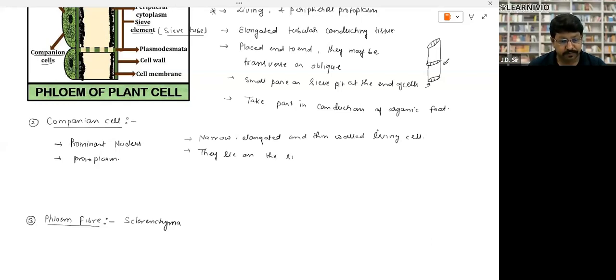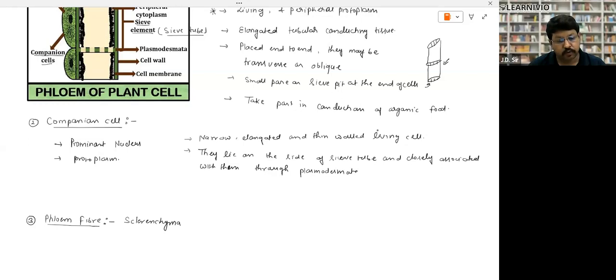They lie on the side of the sieve tube and are closely associated with them through plasmodesmata.